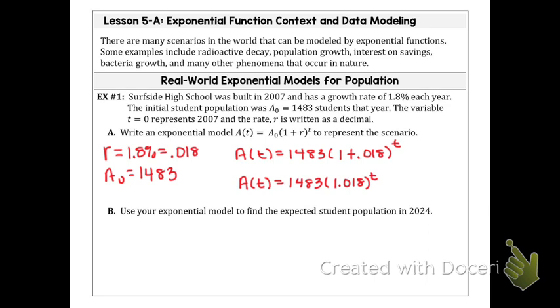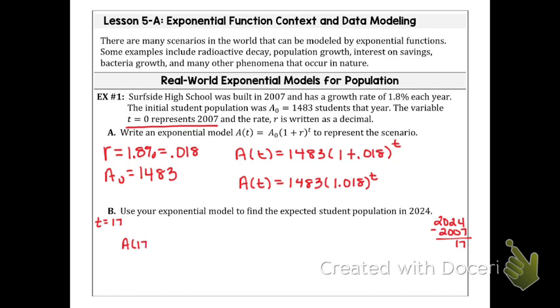Now B says to use your exponential model to find the expected student population in 2024. It did tell us here that t equals 0 represents 2007. So what will t be for 2024? Well, I'll take 2024 minus 2007, and we get 17. So we know that t is going to equal 17.